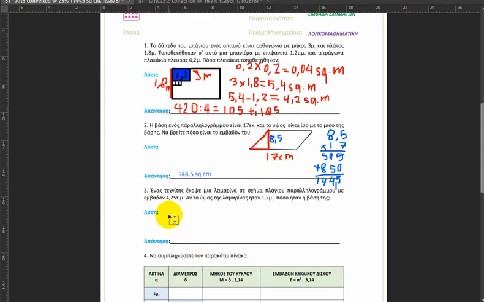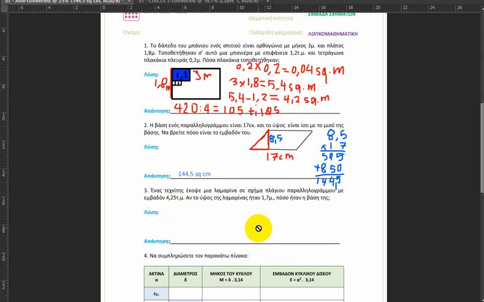Next up, we have another parallelogram that has a total area of 4.25, and we are given that its height is 1.7. So what is its base? So in this case, if I wanted to find the area of the parallelogram, I would do the height times the base, and I would get this.